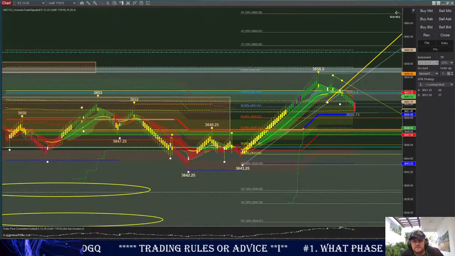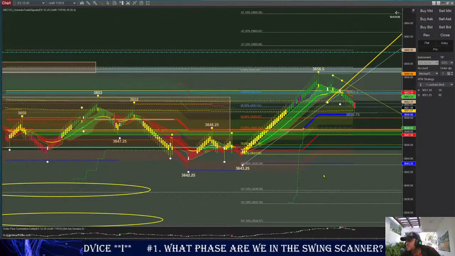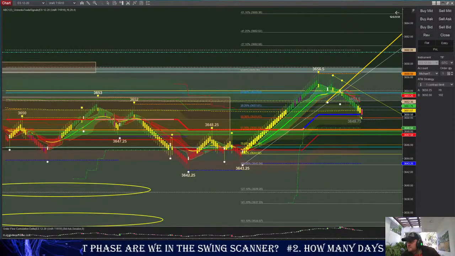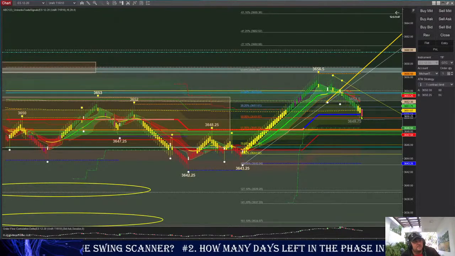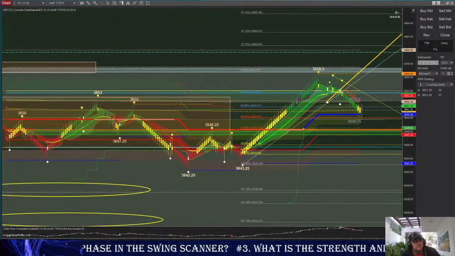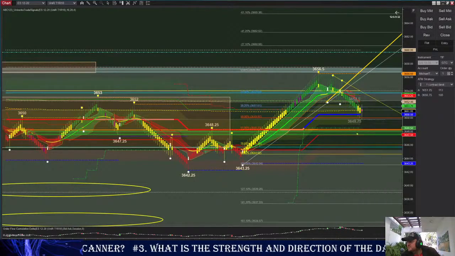I was right on the 50%. Okay, let it pull down. Okay, now this is the area where we're going to be curious about. So we're going to turn around. Am I getting a lot of green? I am getting green. I'm going to try it one more time, guys.